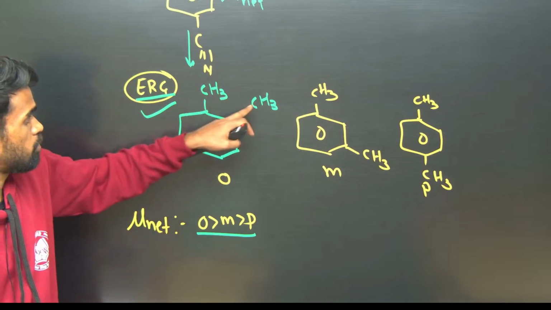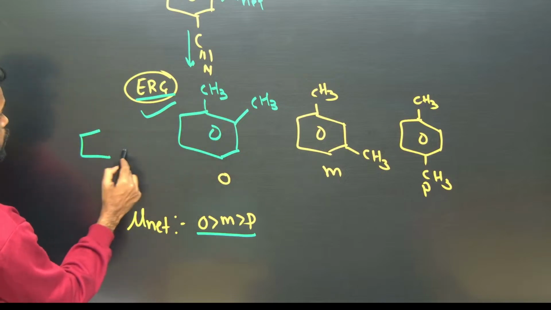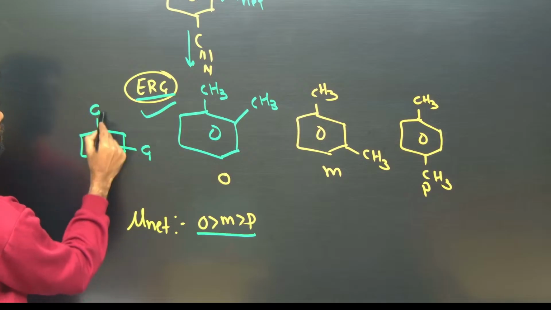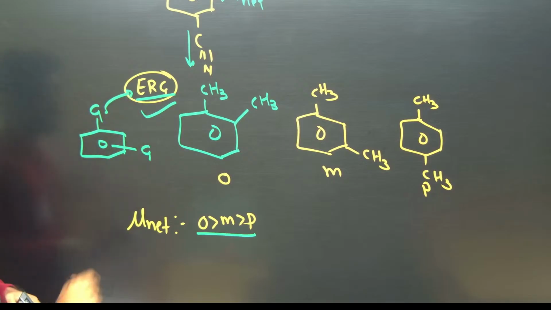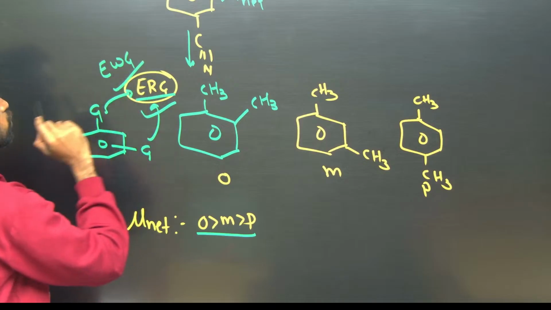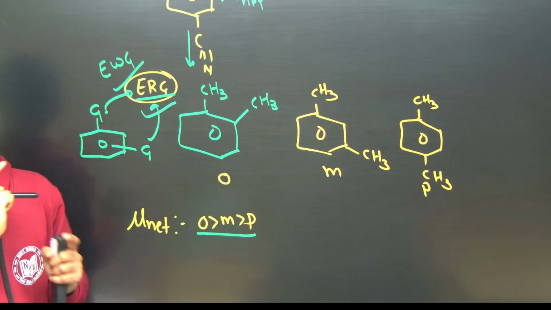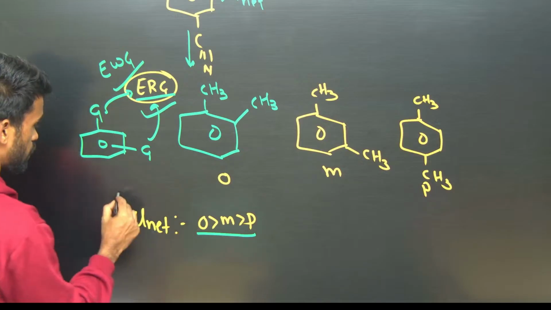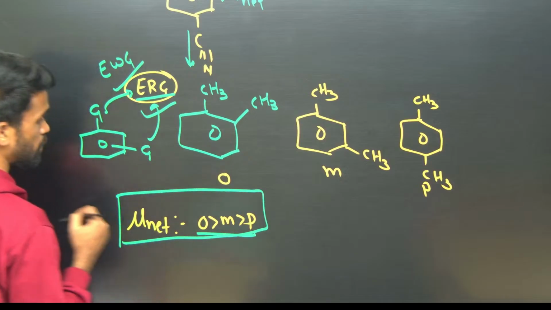I am generalizing this example using G and G. Both G's are electron releasing groups only, or both are electron withdrawing groups. Both should be of the same nature, then only this order will be applicable.